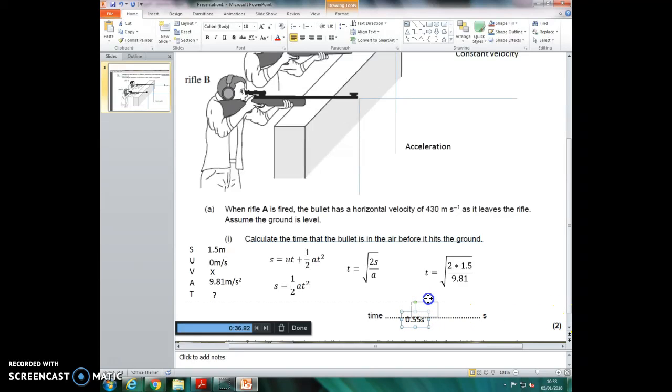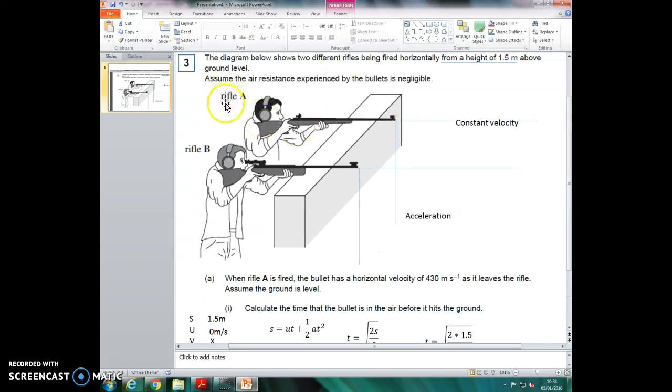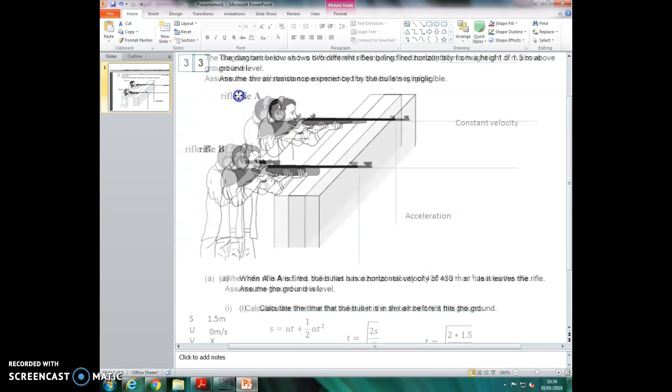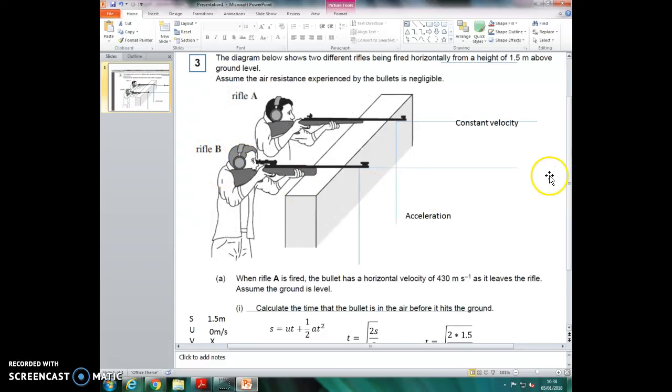Now that's as close as we need to get on that. Now remember, this is true both for the bullet passing from rifle A and for the bullet passing from rifle B.